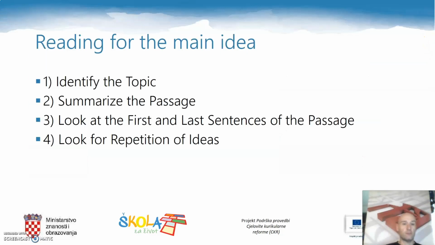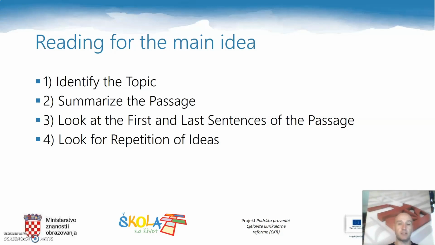So, first reading we're going to do will be reading for the main idea. How do we read for the main idea? We can either try to identify the topic, we can try to summarize the passage and see what the passage is all about. We can look at the first and the last sentence of the passage.